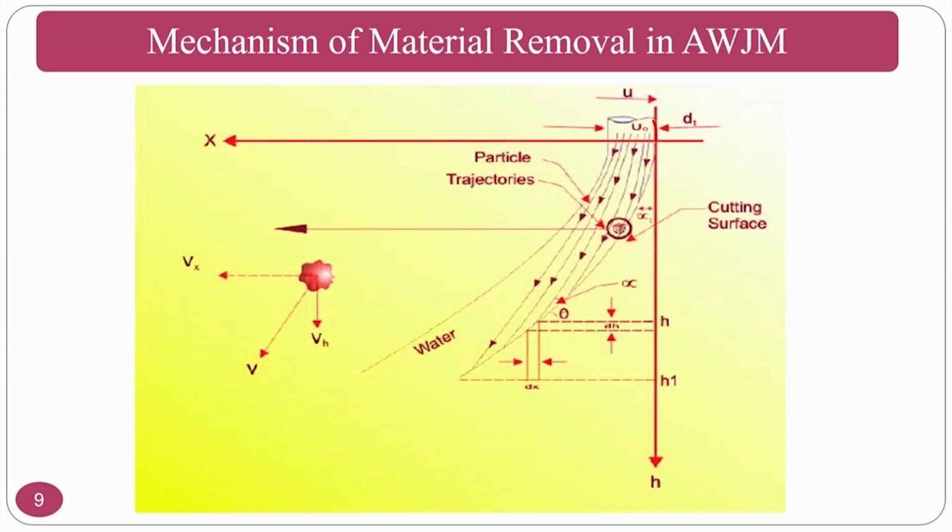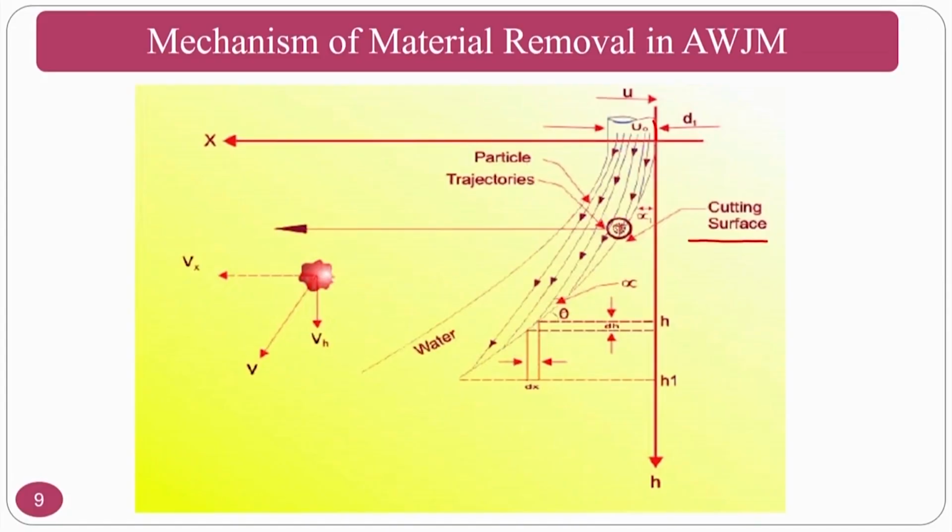At higher junction it has a higher velocity, as it goes down it will have a lower velocity. So, the cutting is taken care of by the abrasive particles, and the energy that the abrasive particles get is from the water or the liquid that people use. Sometimes some people may use some other oils also; some of the papers have used it.